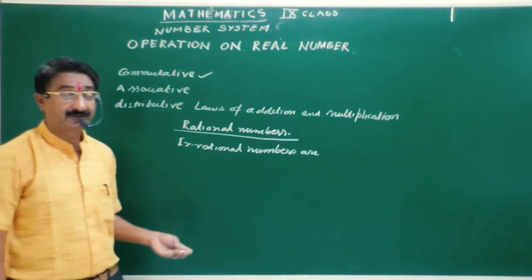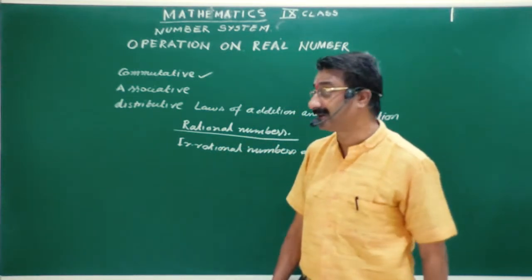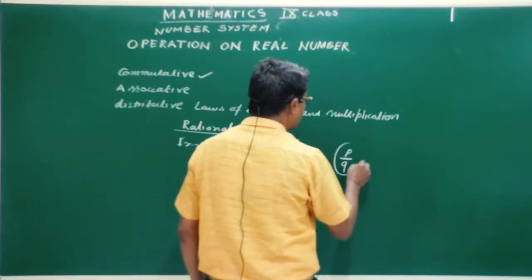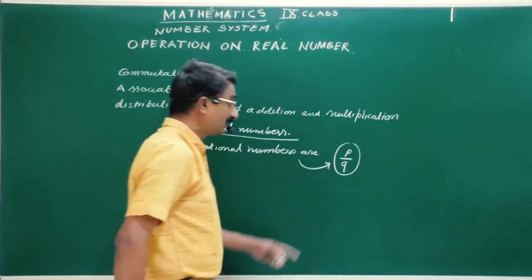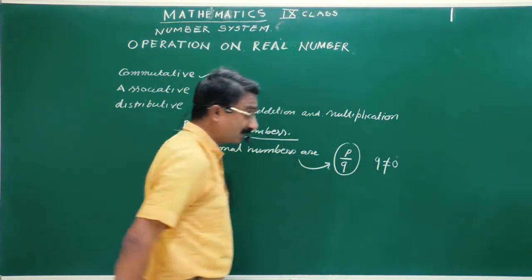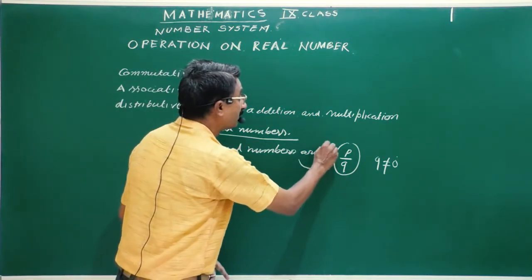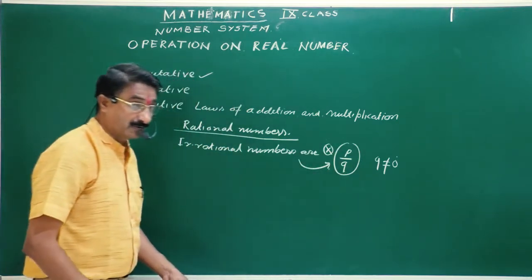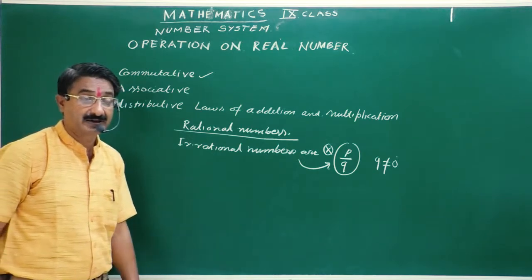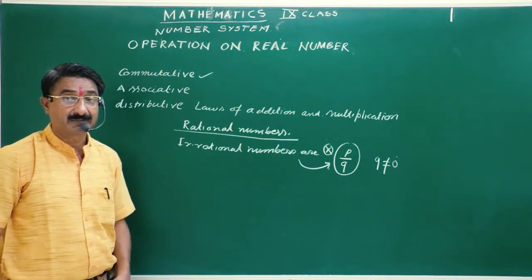But in the case of irrational numbers, irrational numbers are those numbers which cannot be written in the form p by q, where q is not equal to 0. You must remember, you cannot write an irrational number in the form of p by q. Now, after applying these laws, does the irrational number remain irrational or is it converted into a rational number?